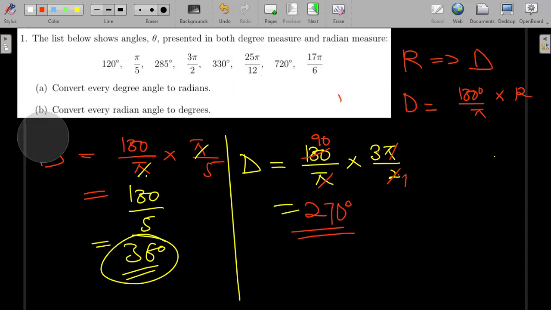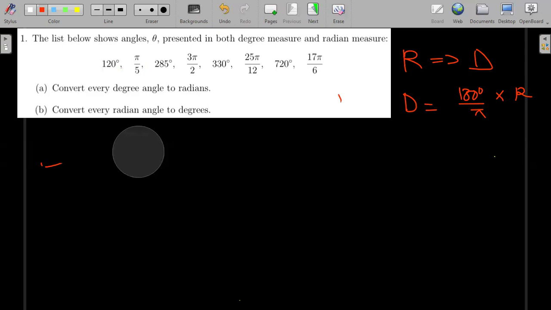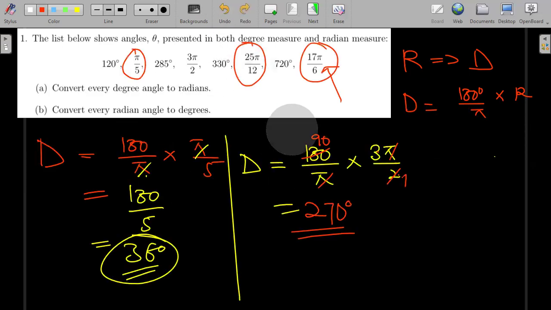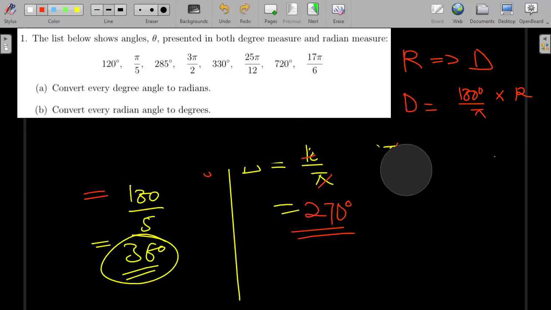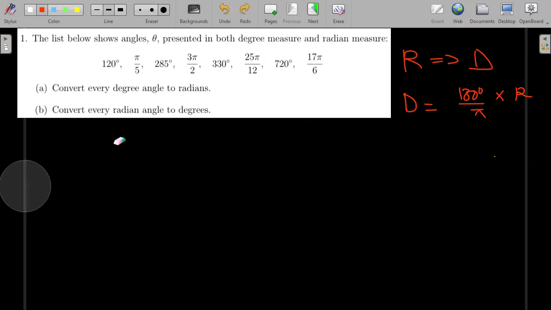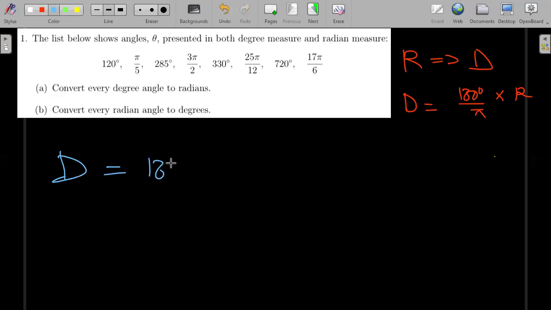Let's convert that 25 pi over 12 to degrees. Degrees is equal to 180 over pi times 25 pi over 12. As usual, the pi cancels out.